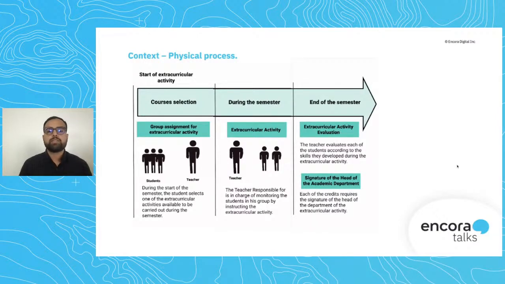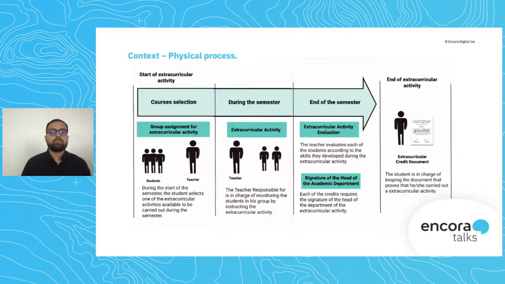At the end of the semester, there is an evaluation, and if there was a good evaluation, there was a signature of the head of the academic department of the activity. At the end, the student will keep the signed document that proves that he or she approved the activity.